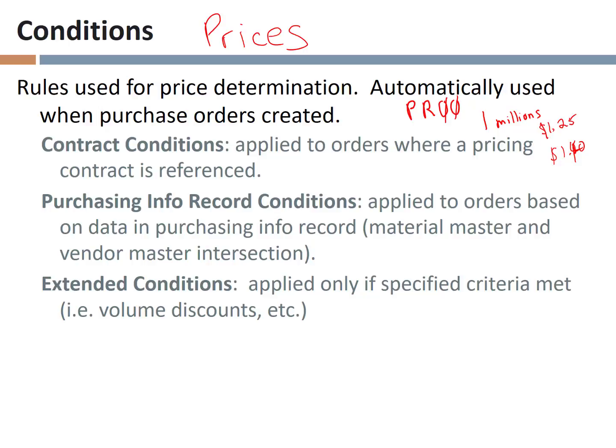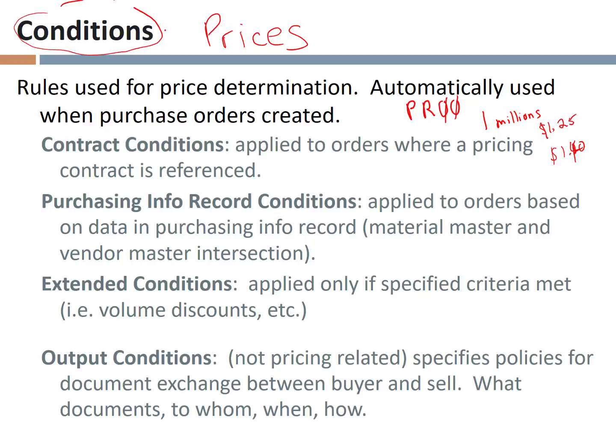So we put these conditions into our system as they are quoted to us from various suppliers, so that when we do assignment of vendors, we let the system help us figure out who we should best order from. So almost universally, when you see the word conditions, you should translate that into the word pricing.